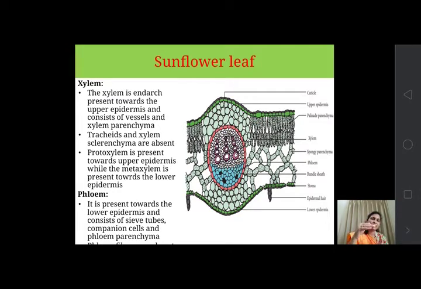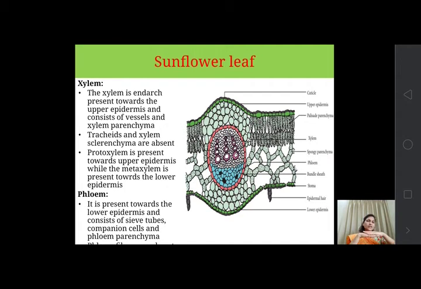In that picture you also see the cuticle layer, upper epidermis, then palisade parenchymatous tissues, then the spongy parenchymatous tissues, then the lower epidermis, and at the lower epidermis you can see the stomata also. In the upper epidermis, stomata may be present, but in less number, because the upper epidermis faces the environment, the sunlight directly.